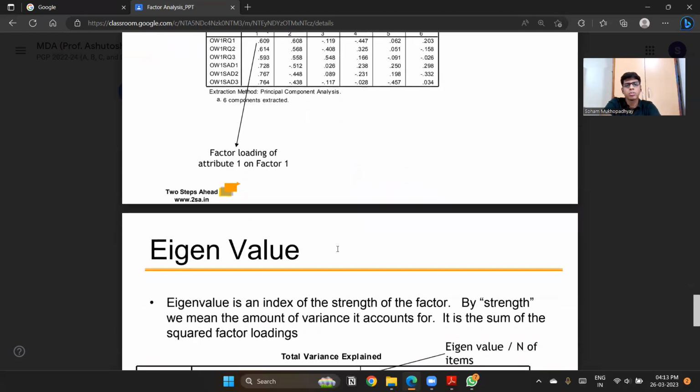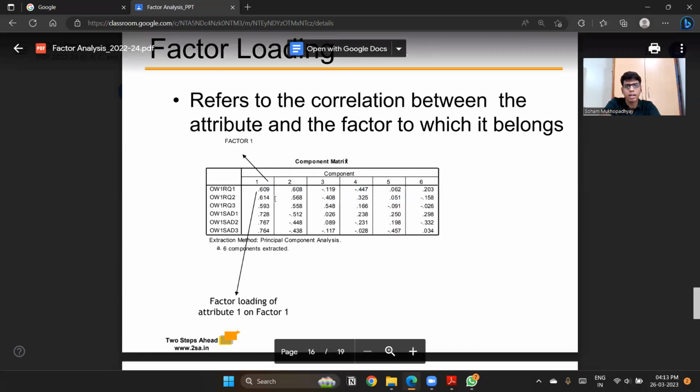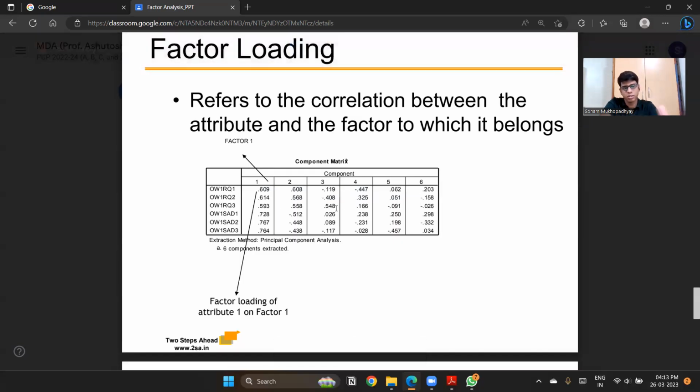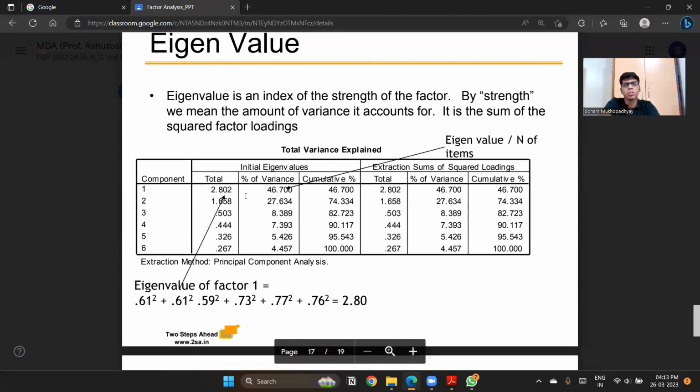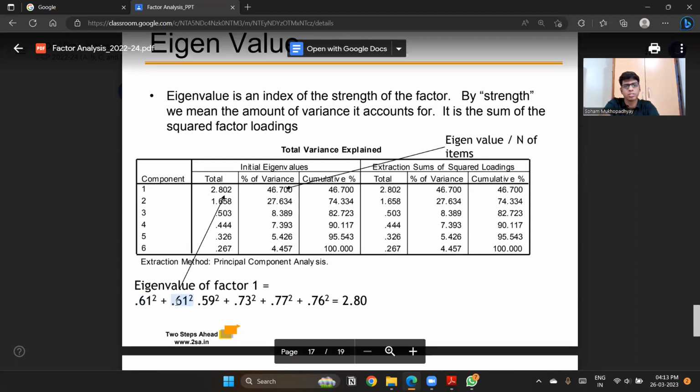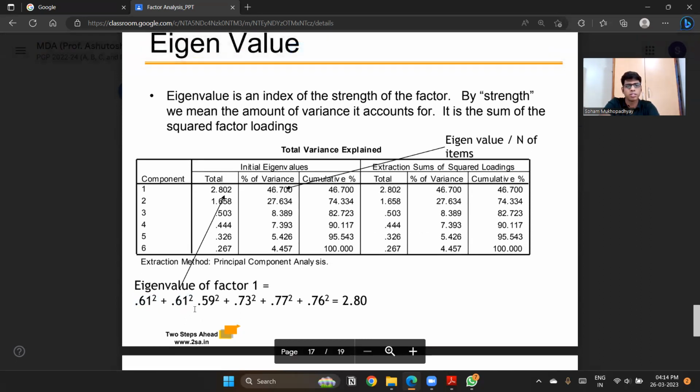Which of these factors you will actually extract out of this analysis will depend on this eigenvalue. It's mentioned here: 0.61 squared plus 0.61 squared plus, there should be an addition sign here, plus 0.959 squared.